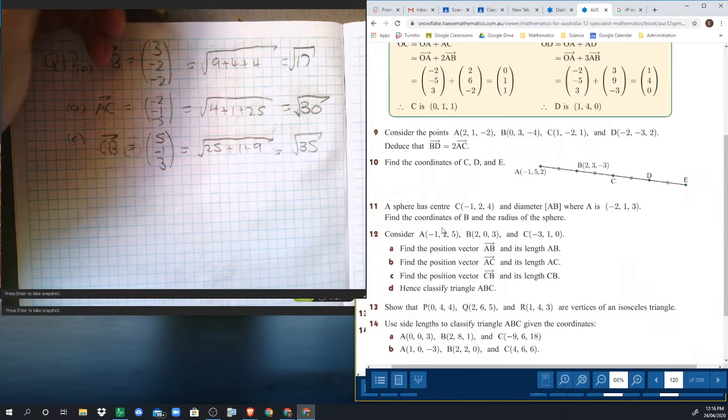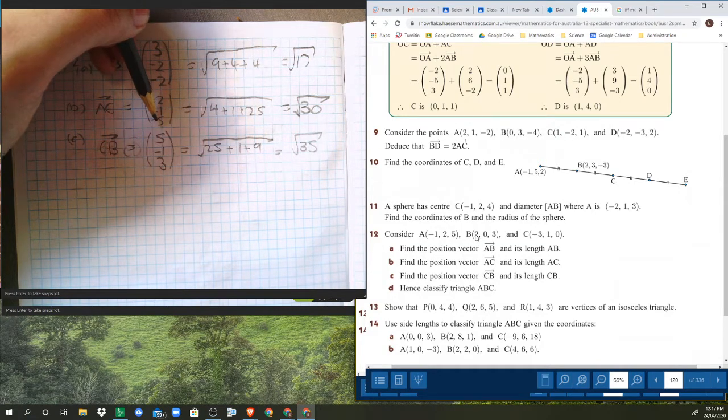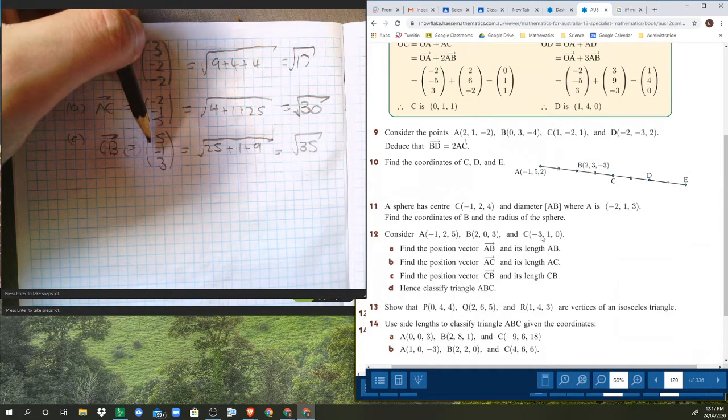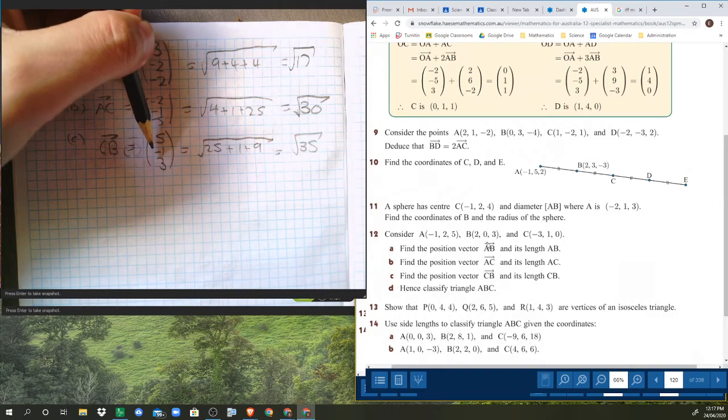A to B, 3, -2, -2. AC, -2, -1, -5. And CB, 5, -1, and 3.